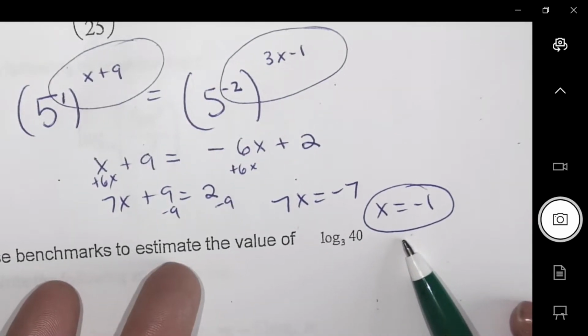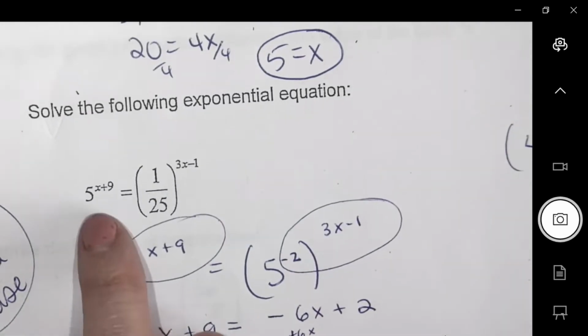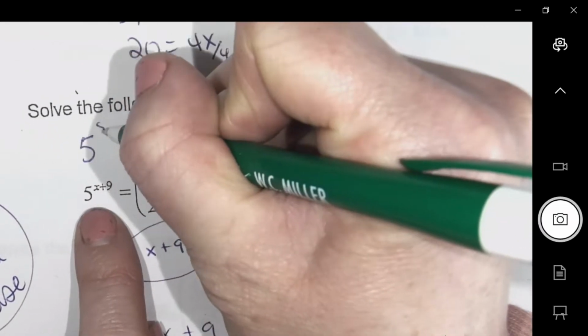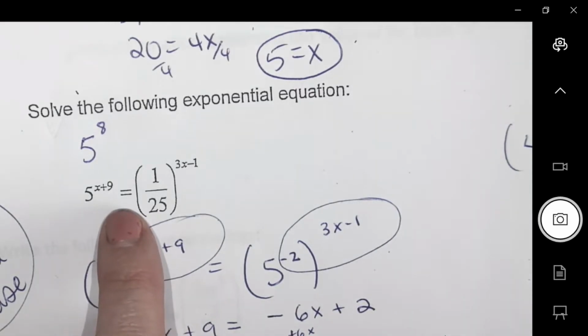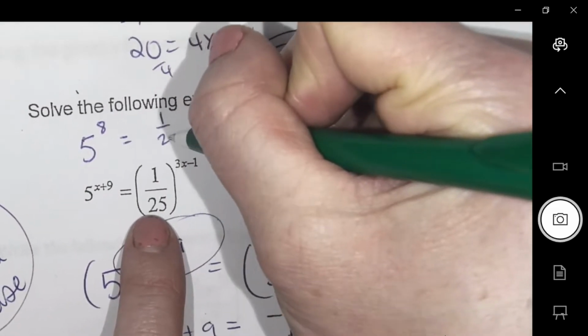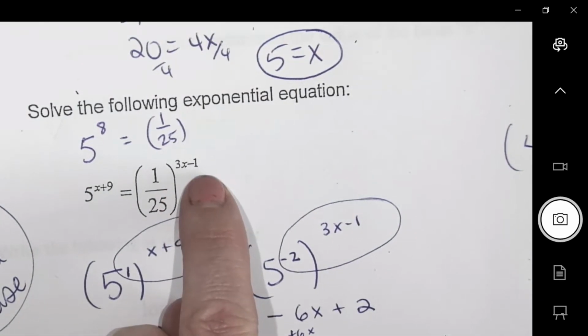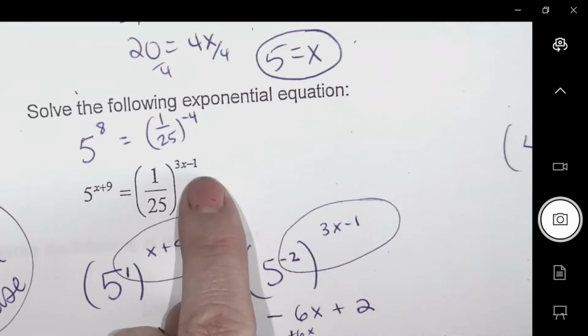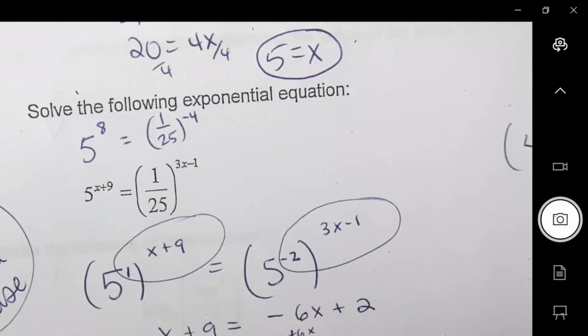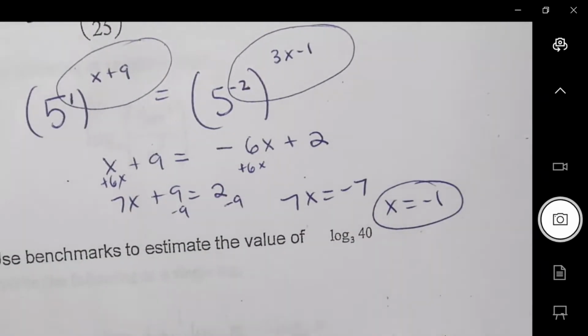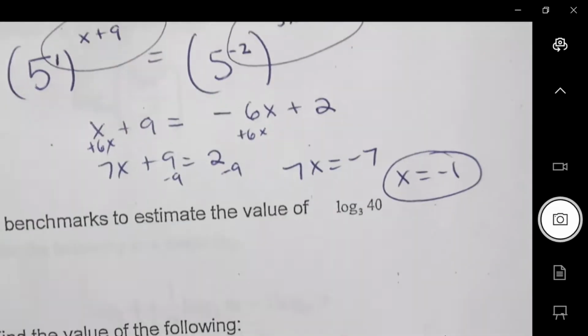If you have your calculator, you can check your answer. So if x is -1, this would be 5 to the 8. If x was -1, what's 3 times -1? -1. -4. And then you could enter that in your calculator and see if it makes the same number. I don't tell that usually because you normally wouldn't have a calculator on this test question.